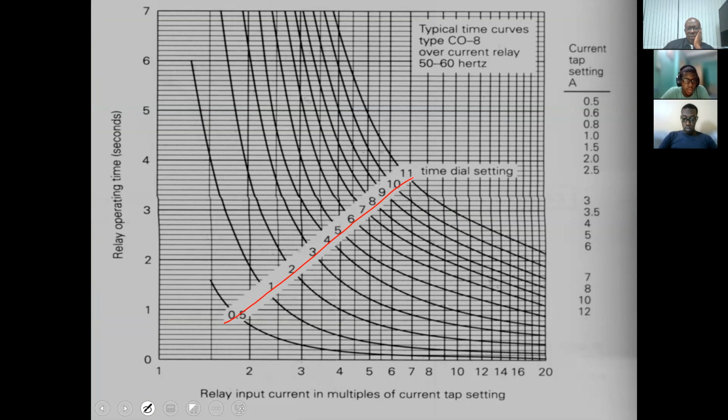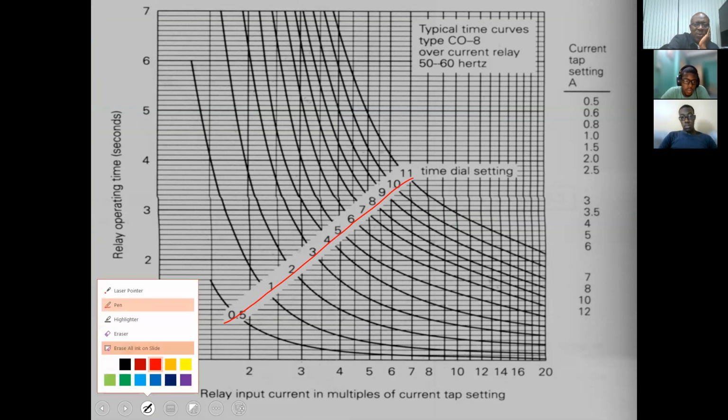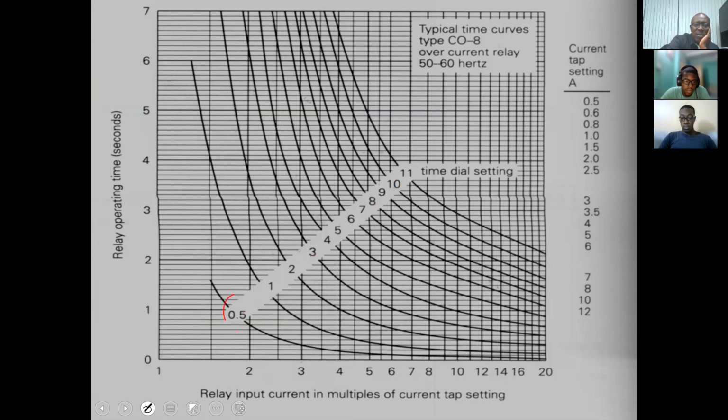So those are the different time dials, and these time dials just tell you how close the movable contact in its rest position is to the fixed contact. So as the time dial number increases, what that means is that the distance between the fixed contact and the movable contact also increases.